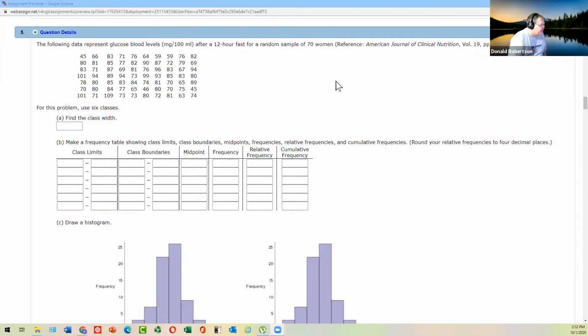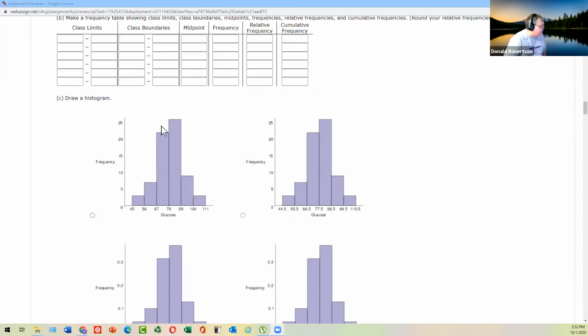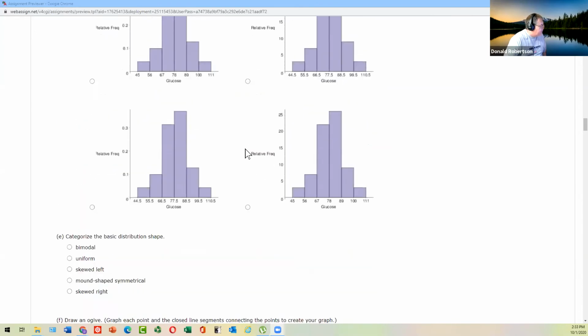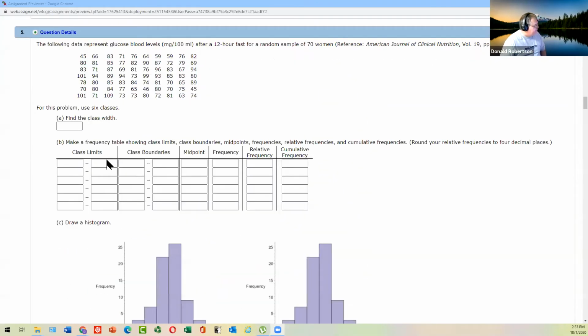We have a whole load of data here, and this data, at least in this one, would be used to create class limits, class boundaries, midpoints, frequency, relative frequency, and cumulative frequency. So there's a lot of stuff in this. I'm going to use this data to create an ogive curve, from start to finish, essentially.